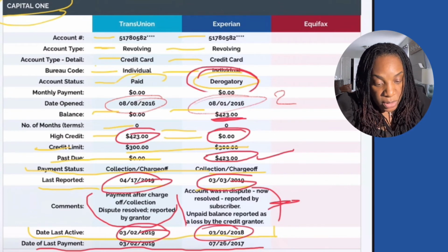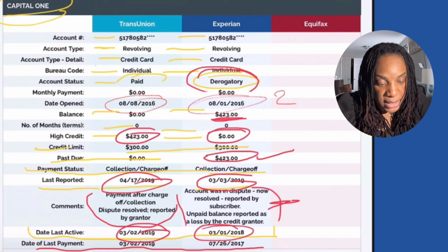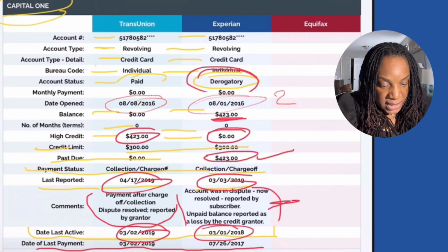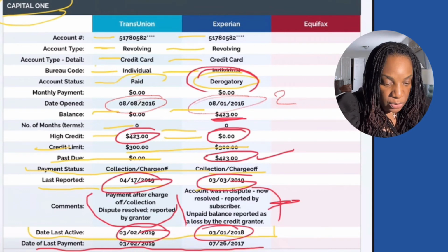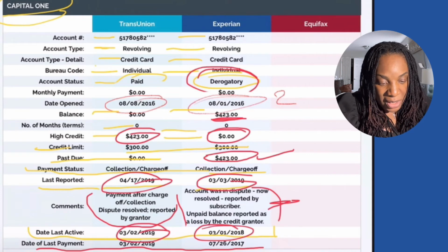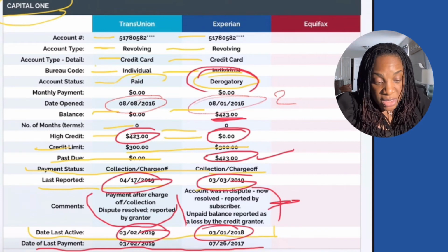Next we want to do date last active. So we're going to look at the date last active, which is here. Let's see, 3/2/2019. Okay, so yeah, dispute reason. Dispute that.